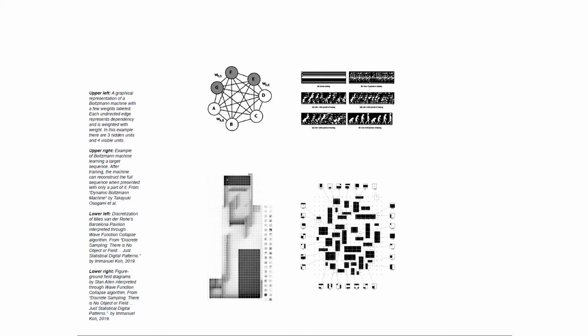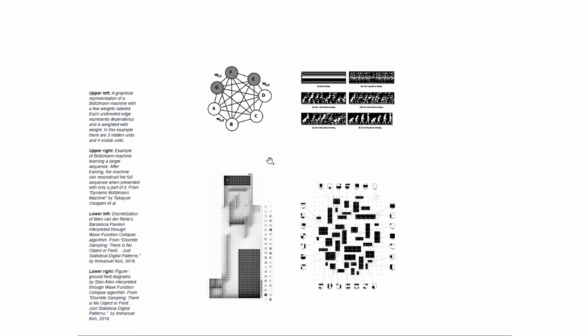Okay, and then these probabilistic machine learning models, that's a whole class of them. They're so-called Markovian design machines. One example of them is the so-called Boltzmann machine.